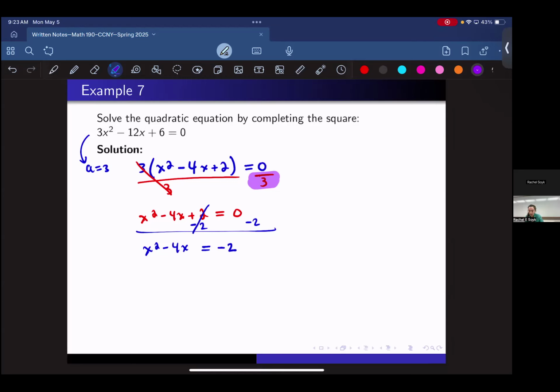But for solving purposes, it actually doesn't make a difference when we're completing the square. Okay, so now we arrive at our b value. Take our b, divide it by 2, square it. -4 divided by 2 is -2. Square, we get +4. This is what we're adding to both sides.